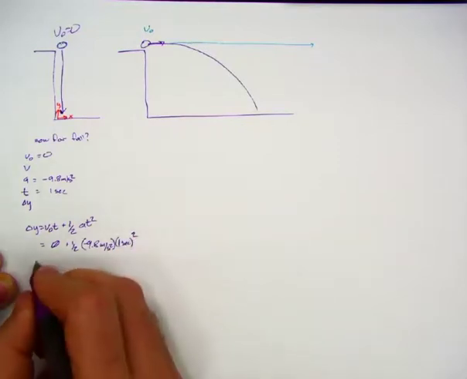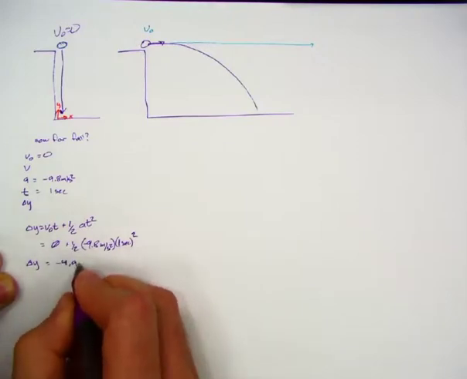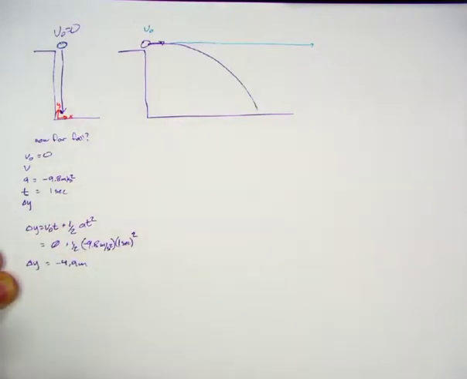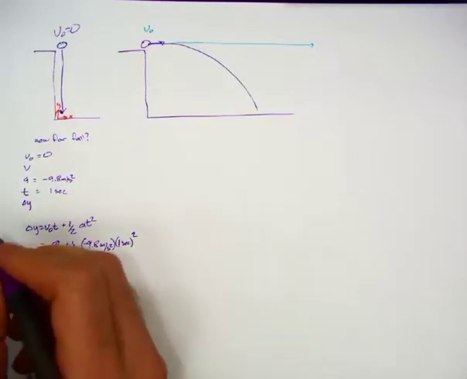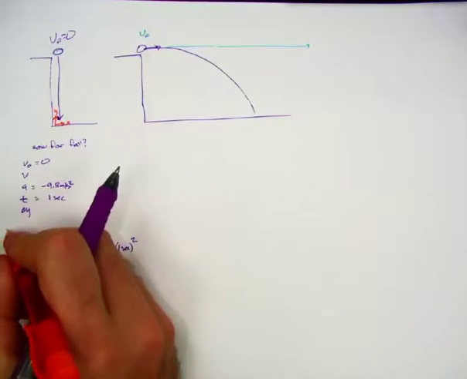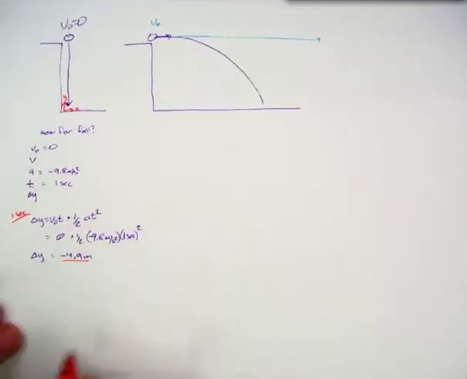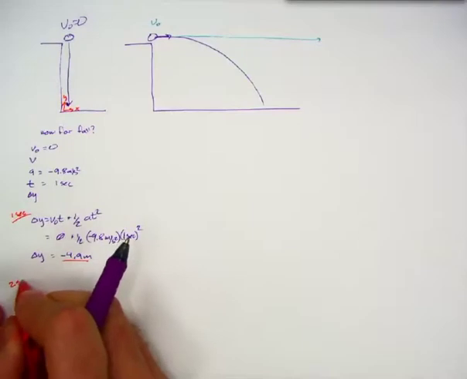So it's going to end up being delta y is negative 4.9 meters. Okay? So after 1 second it falls 4.9 meters.